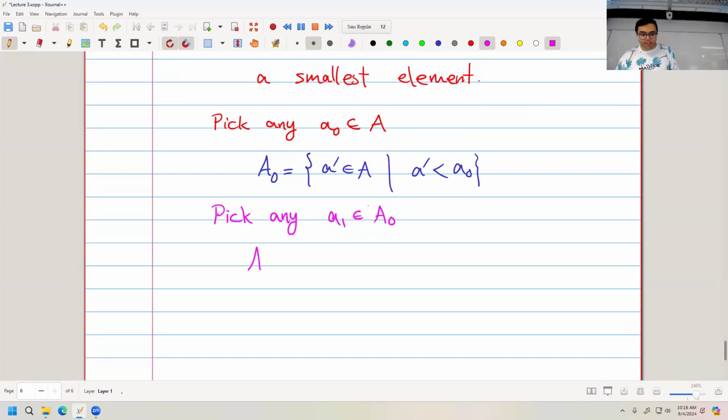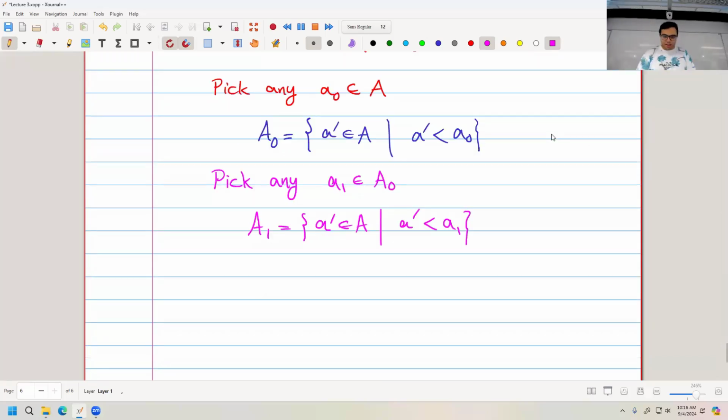Now do the exact same thing. Say the set big A1 is the set of all the numbers in A that are less than A1. Now I can continue the same thing. I can basically do the same argument as before. I can say this set doesn't have a smallest element and it's also not empty. So pick one element of this set.